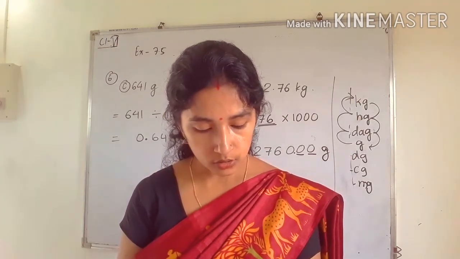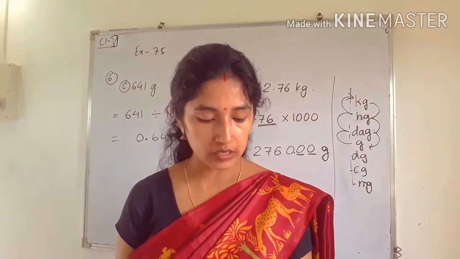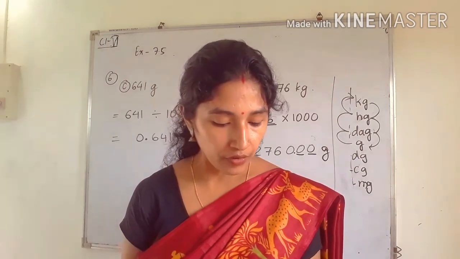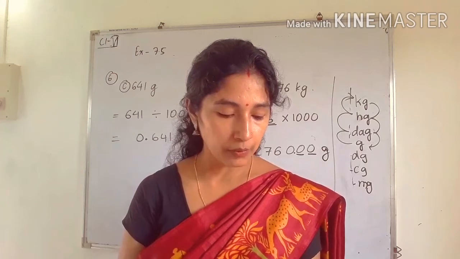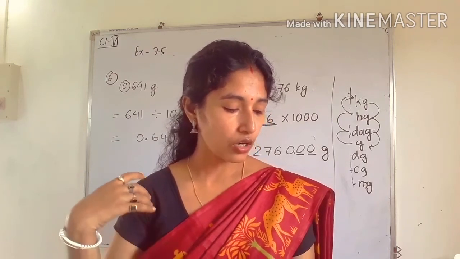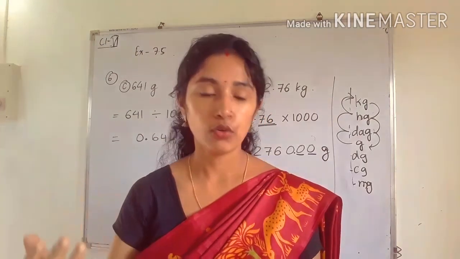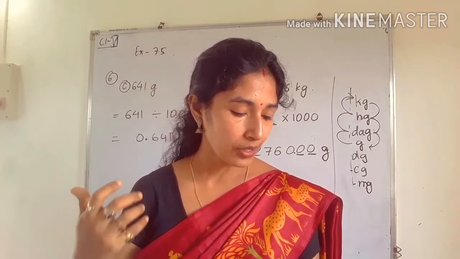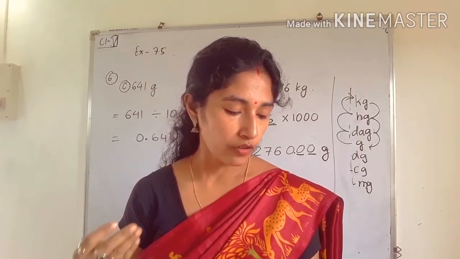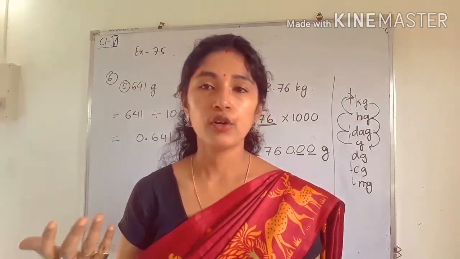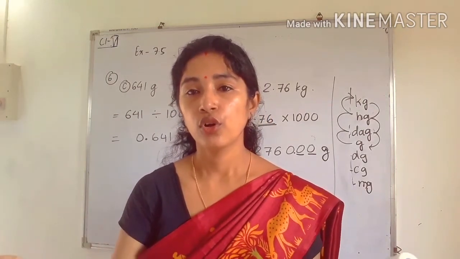Next, number 9: the cost of a pen is given as rupees 67.50. If a 100 rupee note is paid, what change will be returned? That means you went to the market and bought a pen of rupees 67.40 and you gave a 100 rupee note to the shopkeeper.